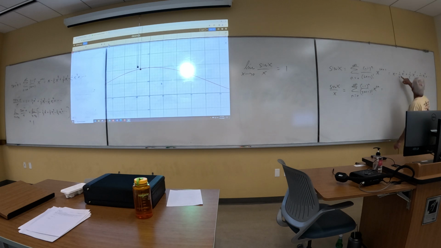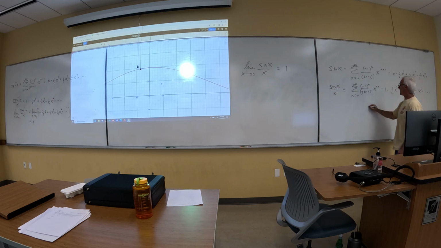Oh, so can I just take all of this and divide everything by x? Yeah. So that would leave me with 1 minus 1 over 3 factorial x squared plus 1 over 5 factorial x to the 4th minus 1 over 7 factorial x to the 6th. I think we all agreed that I don't really need to do any more terms because my exponents are growing without bound.